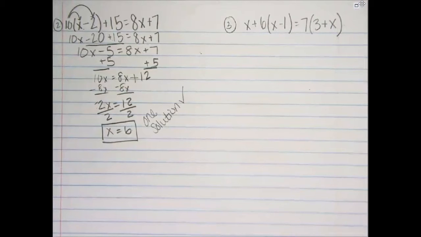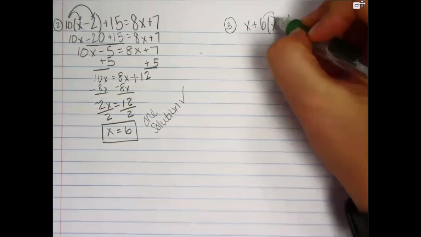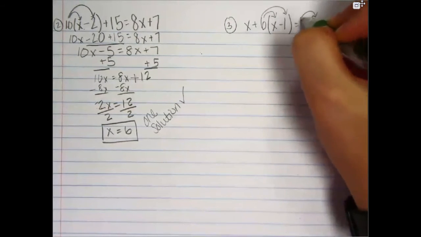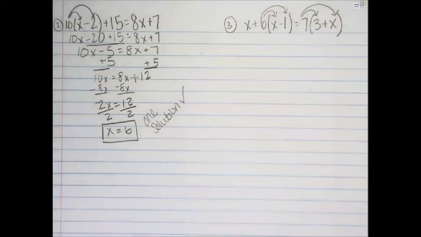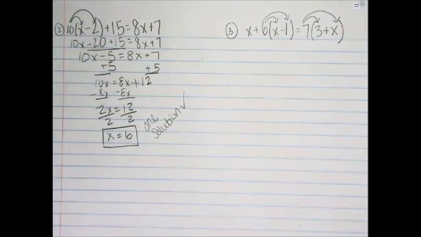Should I get you started here? Distribute what? And the 7. How many solutions? There are no solutions to this. Nothing will satisfy this equation.